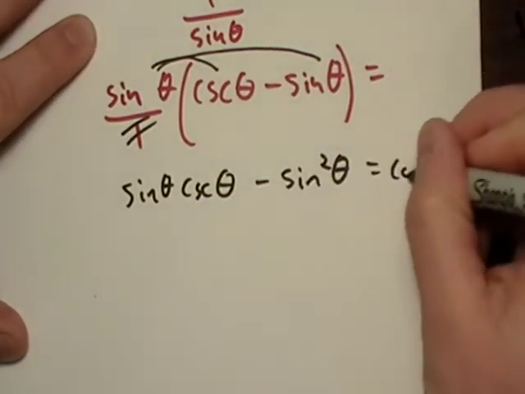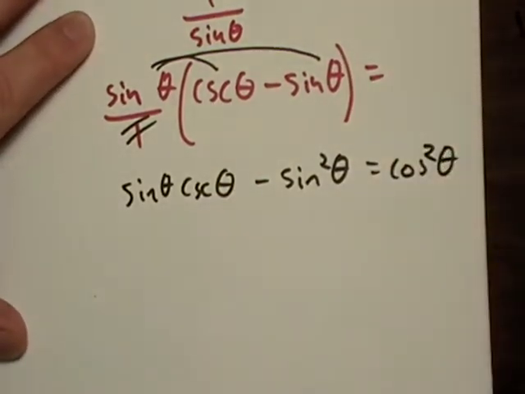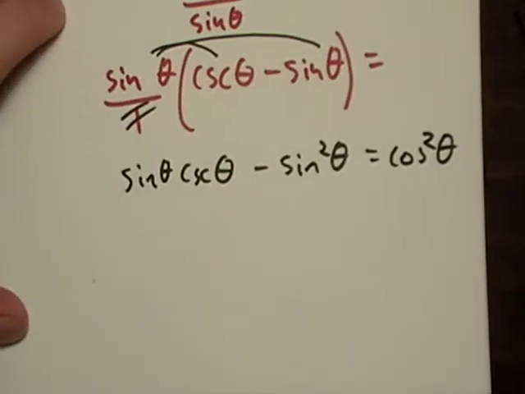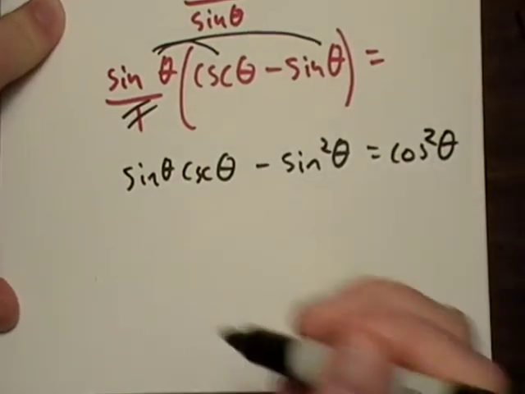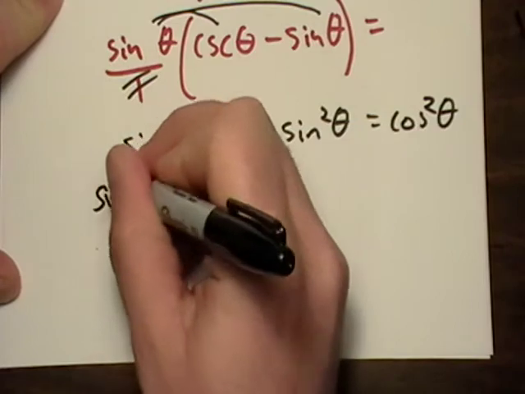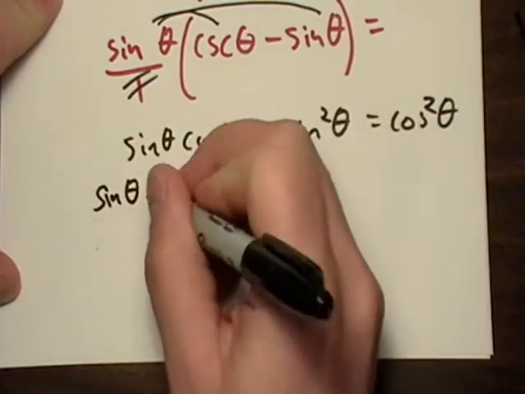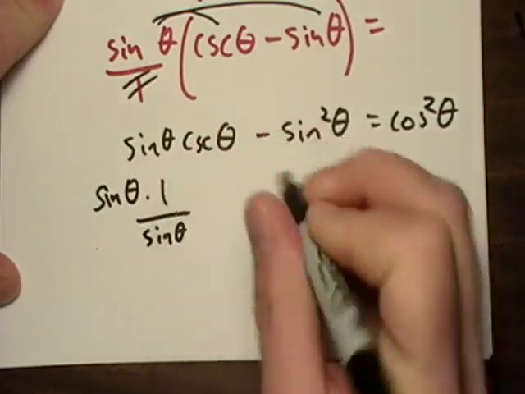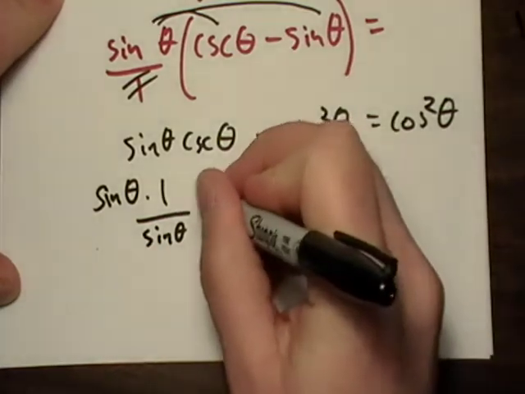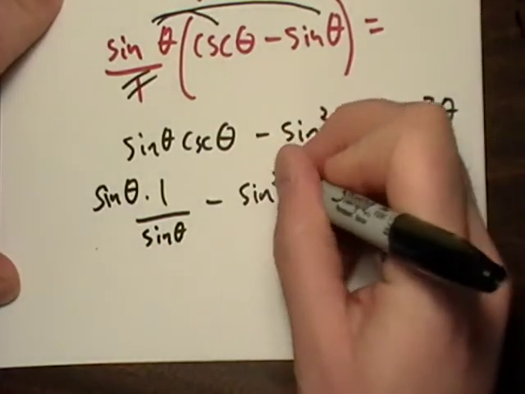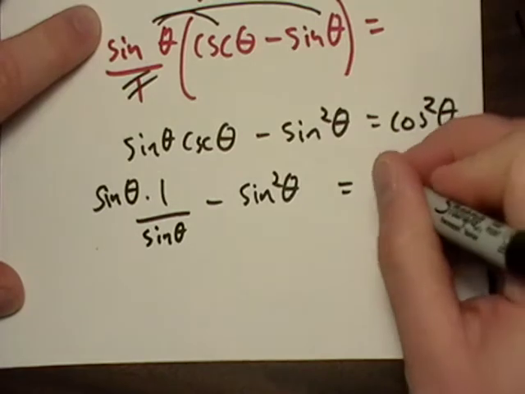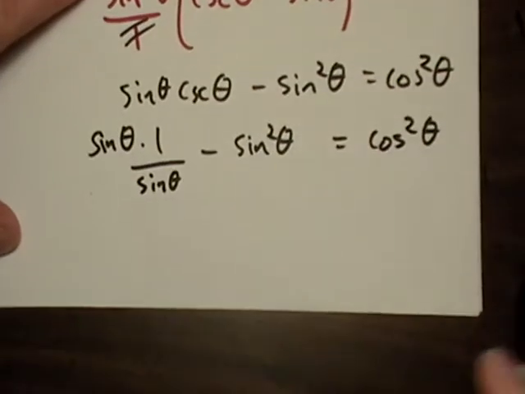Okay, and remember, we're going after cosine squared theta. So if I rewrite this little part right here, I get 1 over sine theta, because that's what cosecant is, minus sine squared theta equals cosine squared theta.